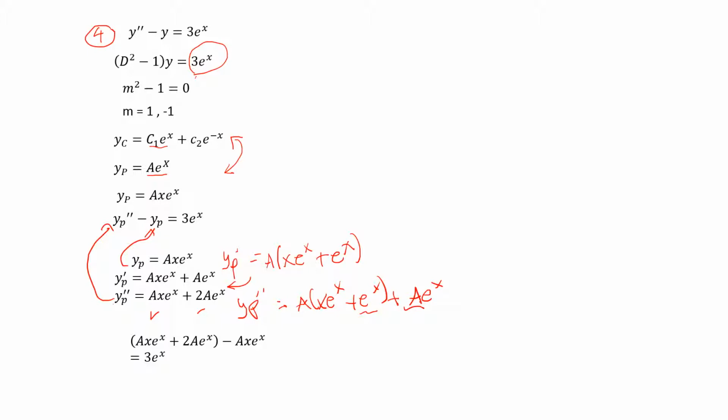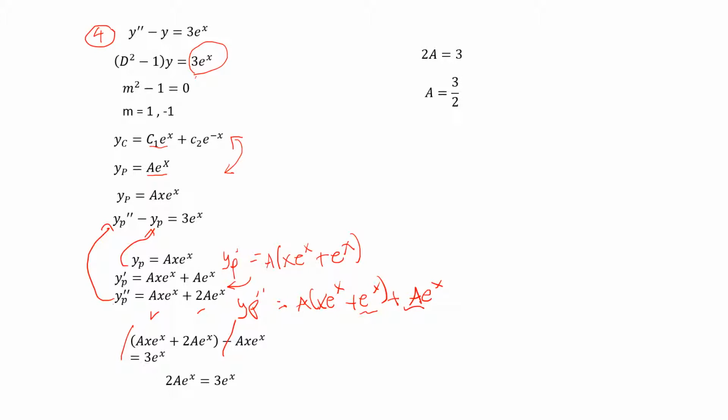So you get a x e to the x plus 2a e to the x, and then minus a x e to the x. Observe that this a x e to the x will cancel out there. So what remains is only 2a e to the x. And therefore, your 2a is 3.